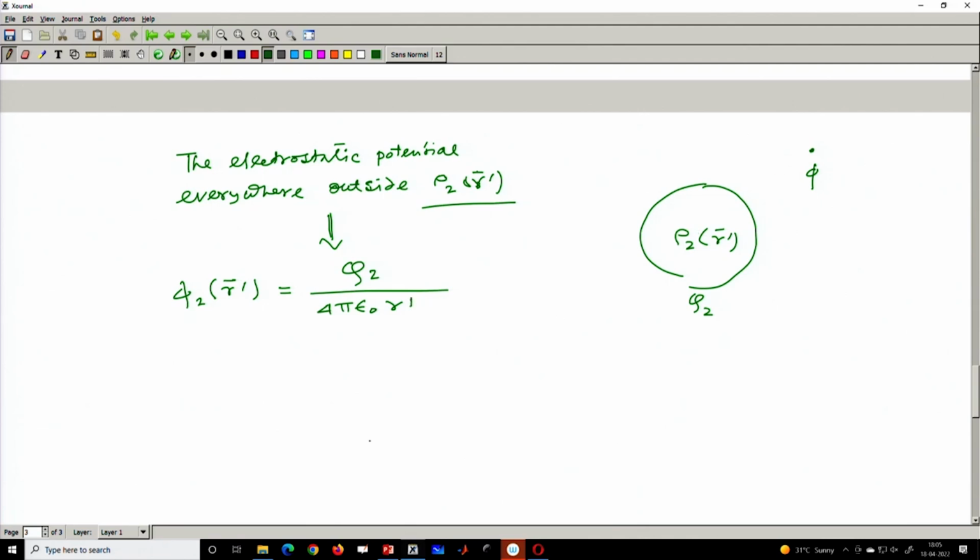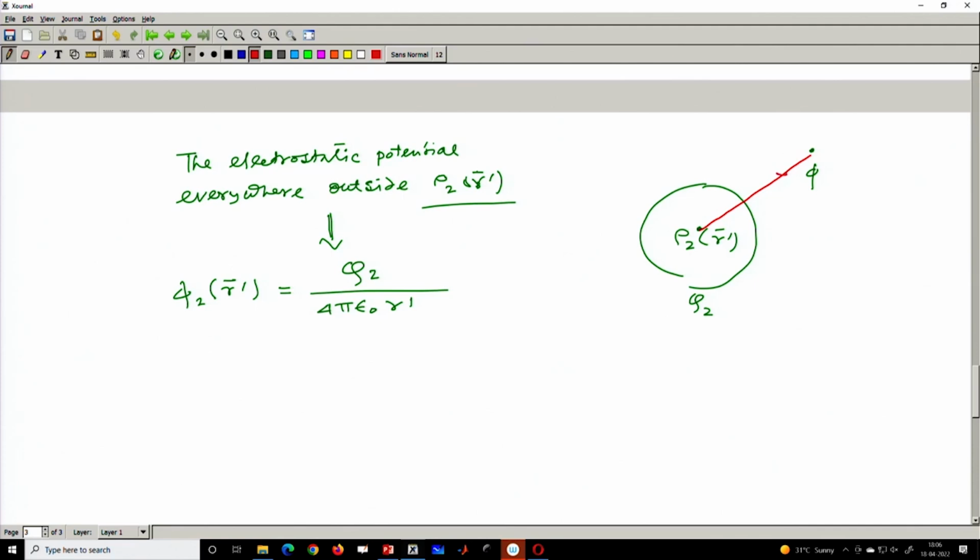It is as if the total charge is confined to the center.